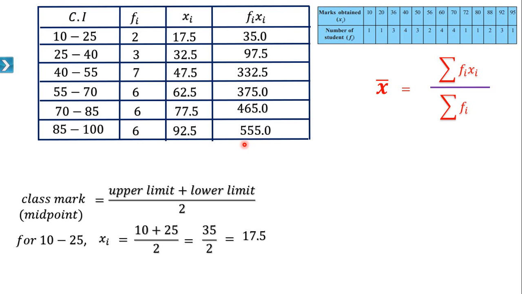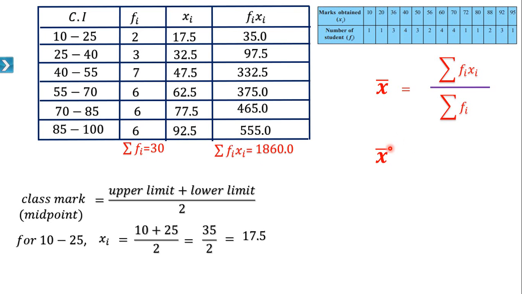Next we need sigma fi xi, that is the sum of fi xi, which here is 1860.0, and we need sigma fi, that is the sum of fi. Sigma fi is 30 here.